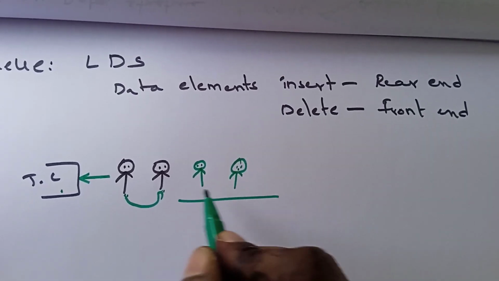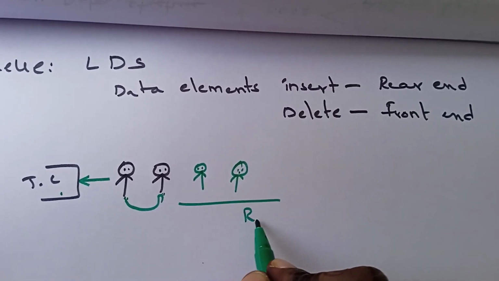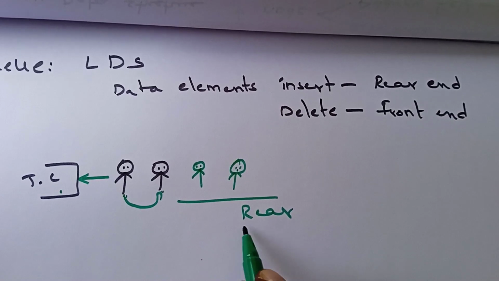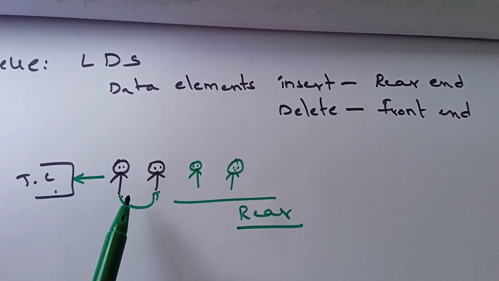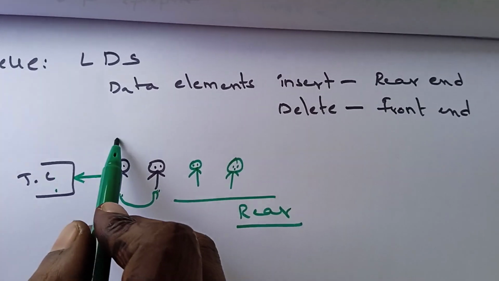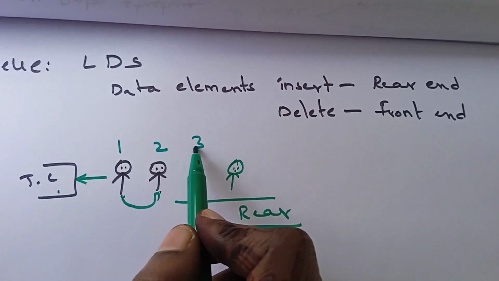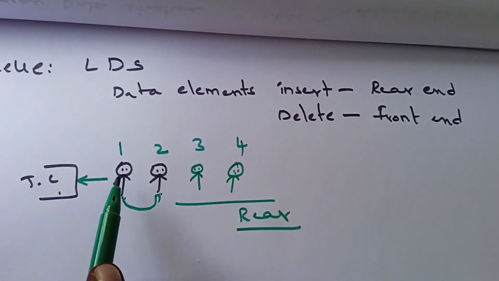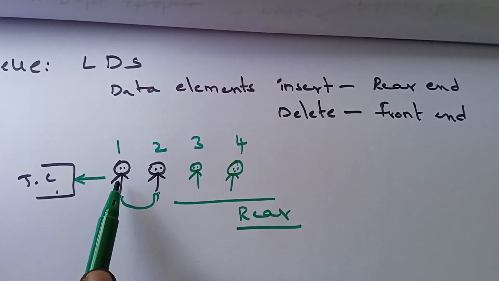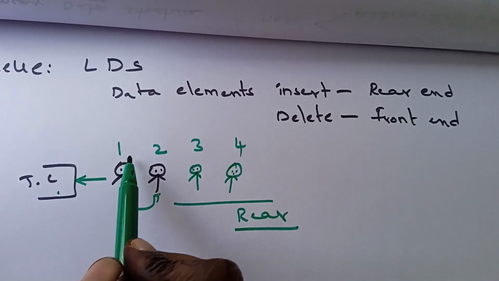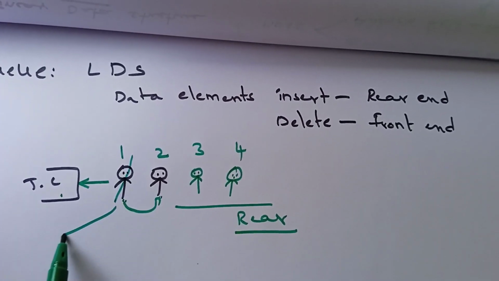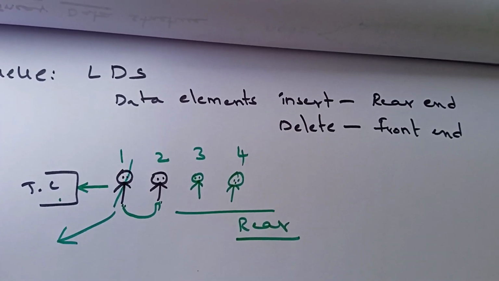So insertion of new elements will be from one end. That end is called the rear. Once this first person takes the ticket, then he has to leave this place and simply go out. Am I right?